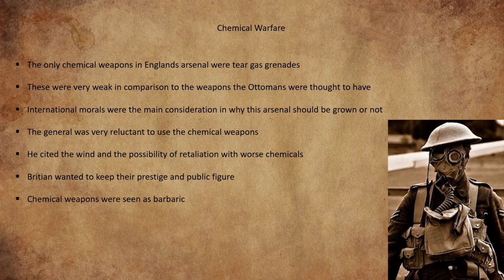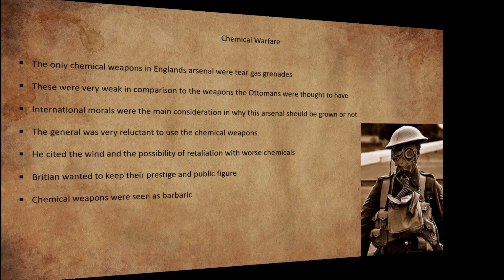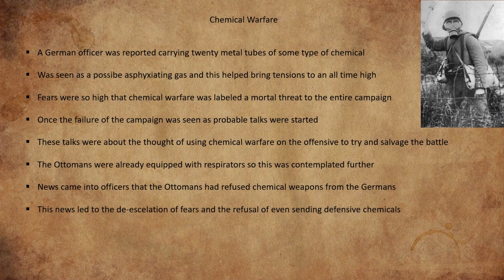Britain wanted to keep the prestige in public figure because chemical weapons were seen as barbaric, and they wanted to maintain this public figure so they could be a world power and have influence. A German officer was reported carrying 20 metal tubes of some type of chemical, which looked like it included sulfur, back to the German front, which could then be transferred to the Ottoman Empire.